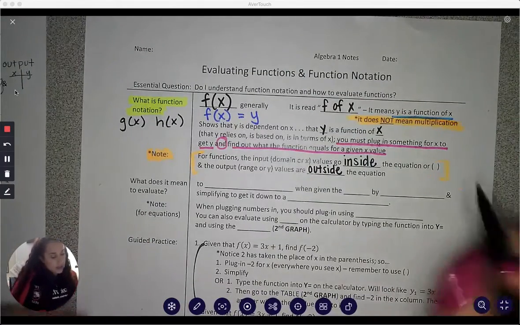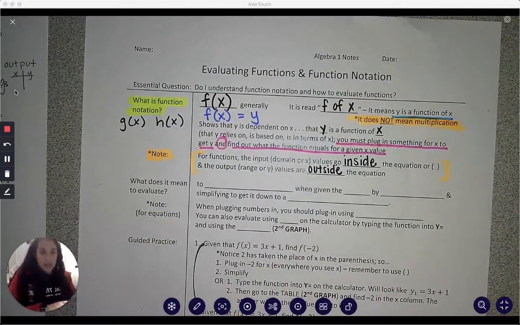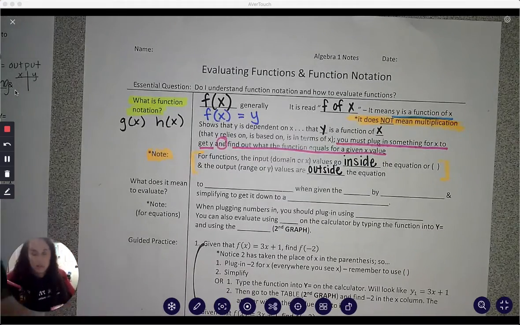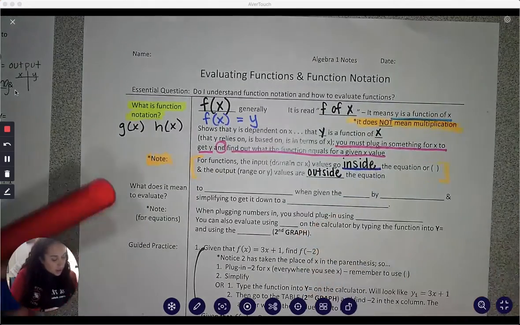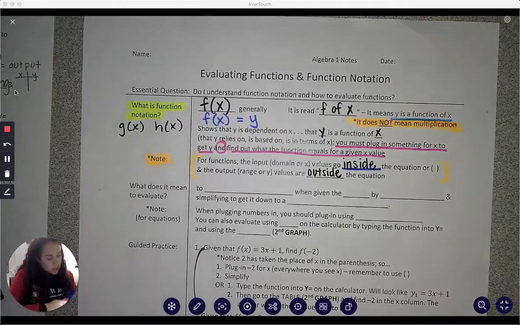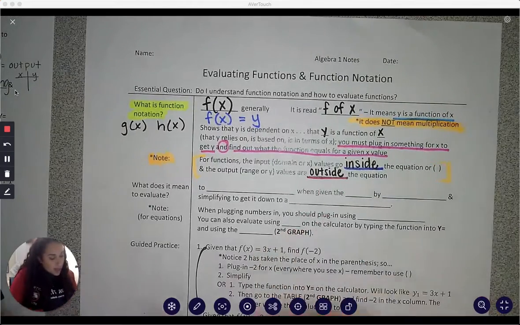If I stick with the colors we used last week, domain is blue, and range is red.